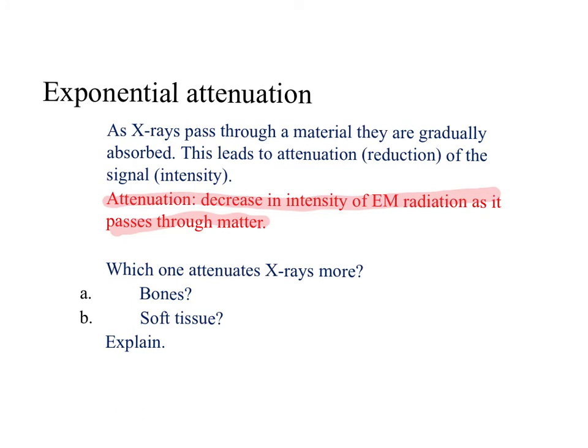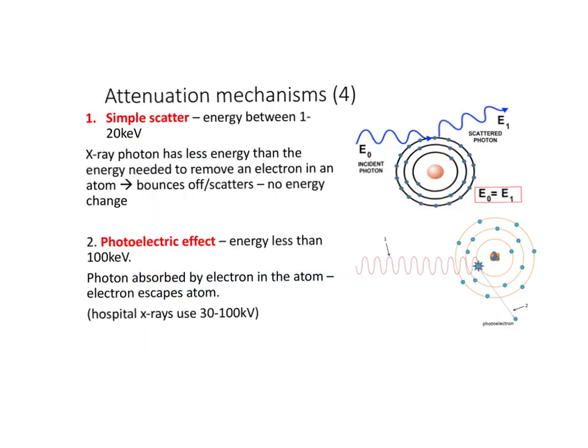So which one attenuates X-rays more, bones or soft tissue, and why? This is what we will be answering quite soon. We know definitely that bones attenuate X-rays more, but you don't know the reason yet, and we will come across it.